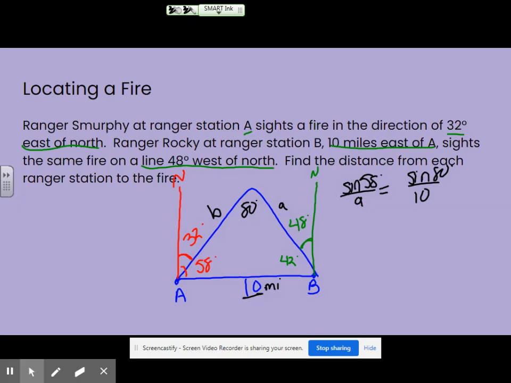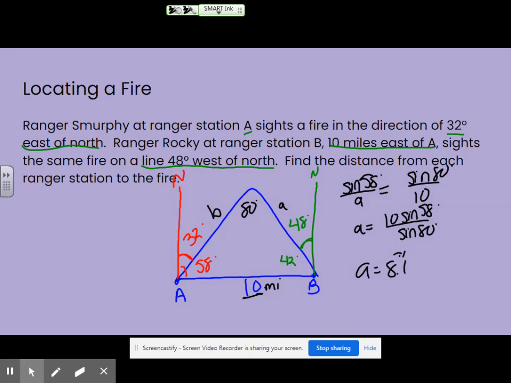I'll do some cross multiplying and get that A is equal to 10 times the sine of 58 degrees over the sine of 80 degrees. And when we go through that, we will get that our length here is 8.61.